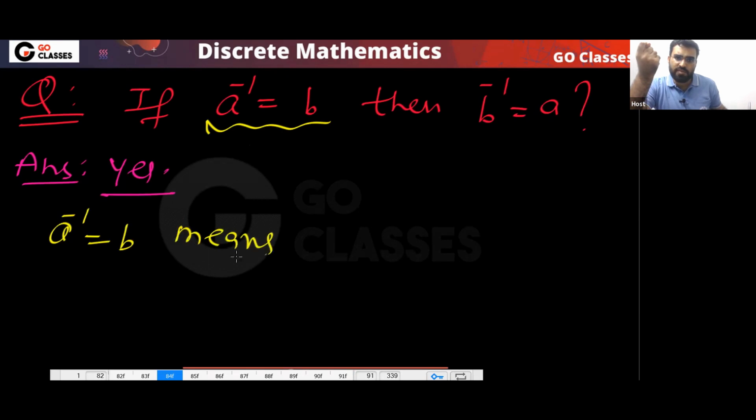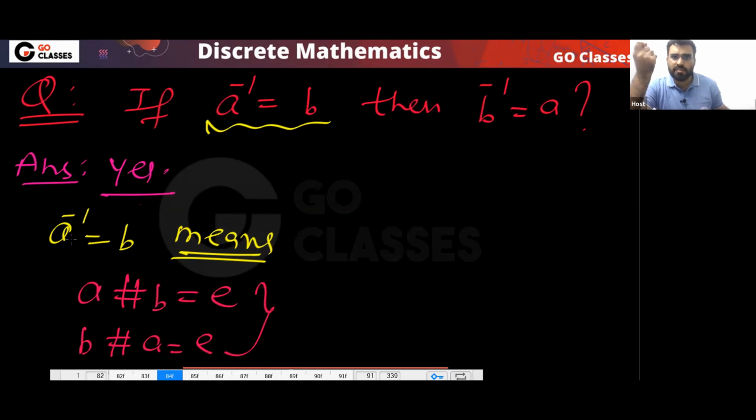Can anyone tell me what this means? This means that A hash B is equal to E, and B hash A is equal to E. This is the meaning, right? By definition, just apply the definition of inverse.